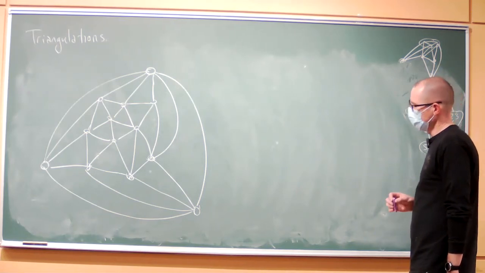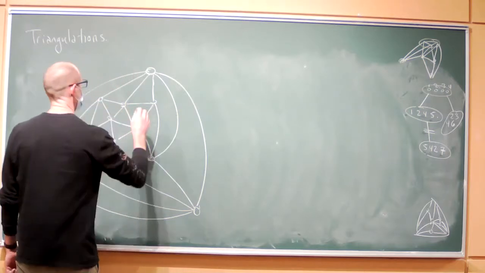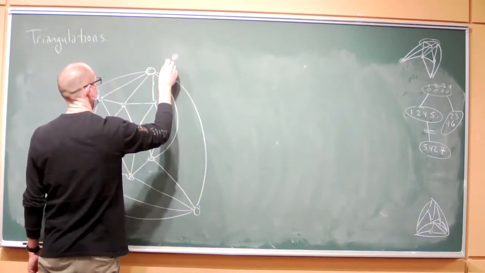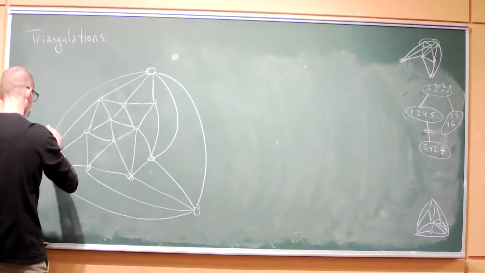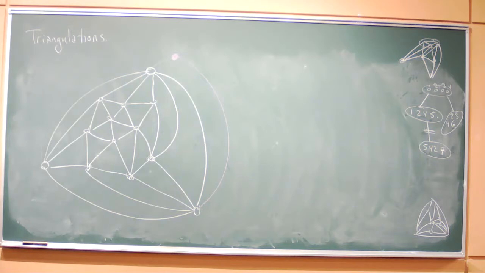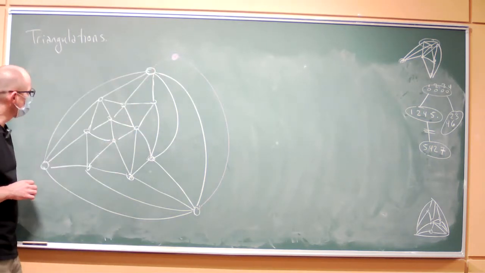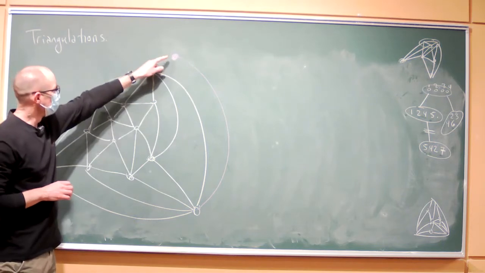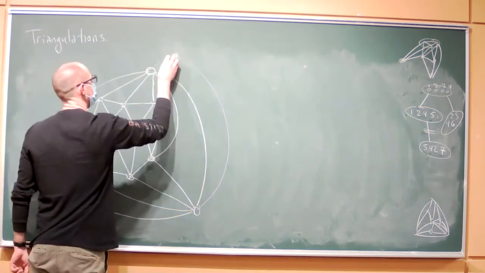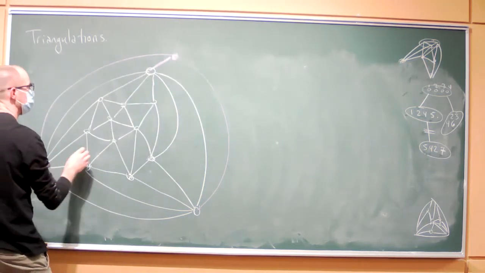For my purposes, it will be helpful to just stick in an extra vertex which is adjacent to these things. And then say, well, let's look at the breadth first search tree of this, rooted from here. So that just means this is the root of the tree. It has 3 children, which are the 3 vertices on the outer face.